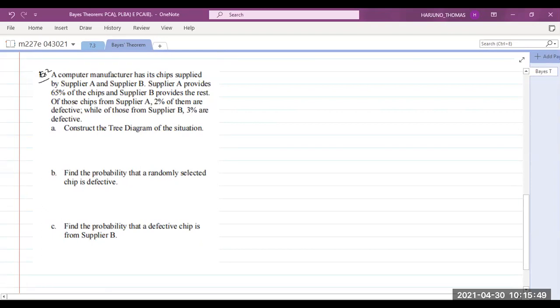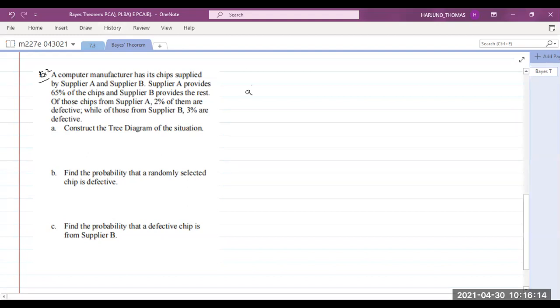A computer manufacturer has its chips supplied by supplier A and B. Supplier A provides 65% of chips, and supplier B provides the rest. Of those chips from supplier A, 2% are defective, and of those from supplier B, 3% are defective.